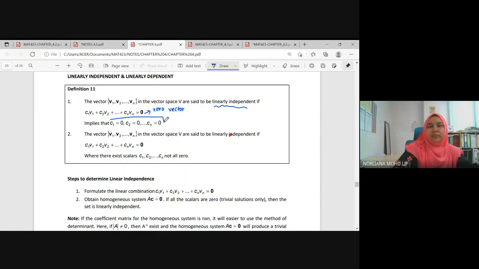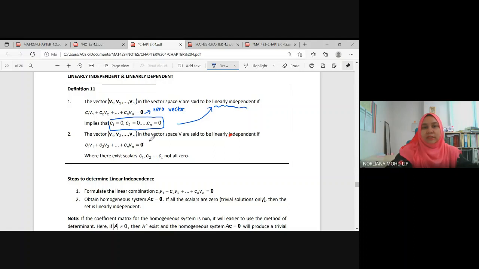Inilah, perlu cari nilai C. If C1, C2 until Cn is equal to 0, so it is linearly independent. Okay, number 2 is linearly dependent. Okay, the vectors V1, V2 until Vn are said to be linearly dependent if equation ni sama macam tadi.